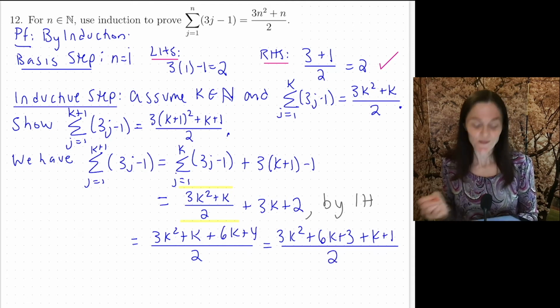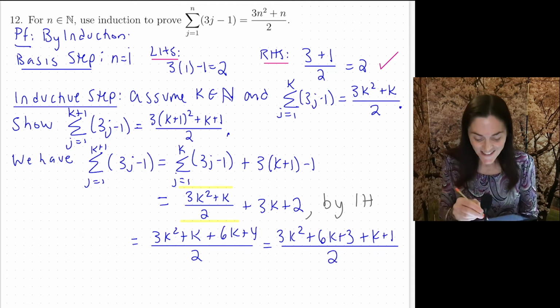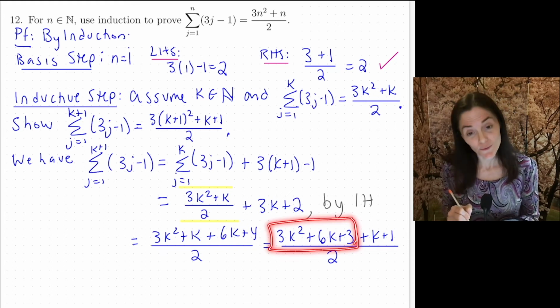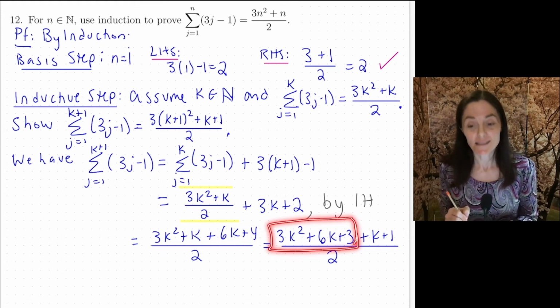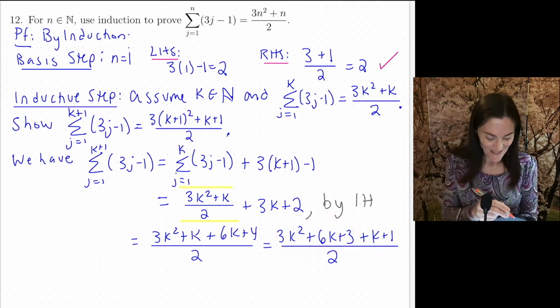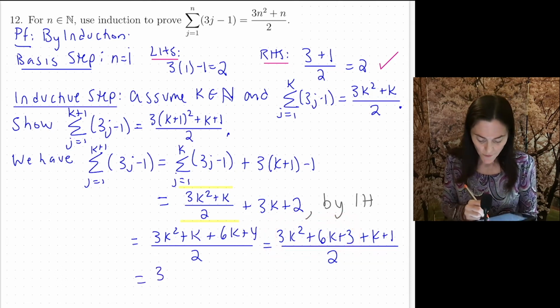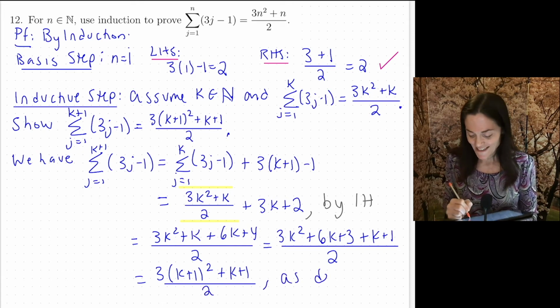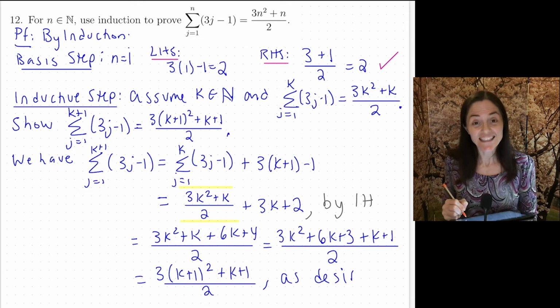All over 2. Now you see this part is exactly 3 times k plus 1 squared. Okay, so this equals 3 times k plus 1 squared, and then plus k plus 1 over 2. This is exactly what we wanted in this proof by induction.